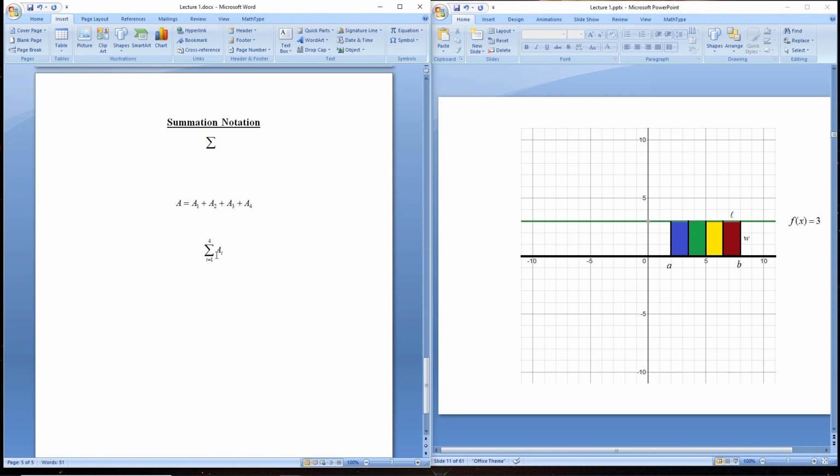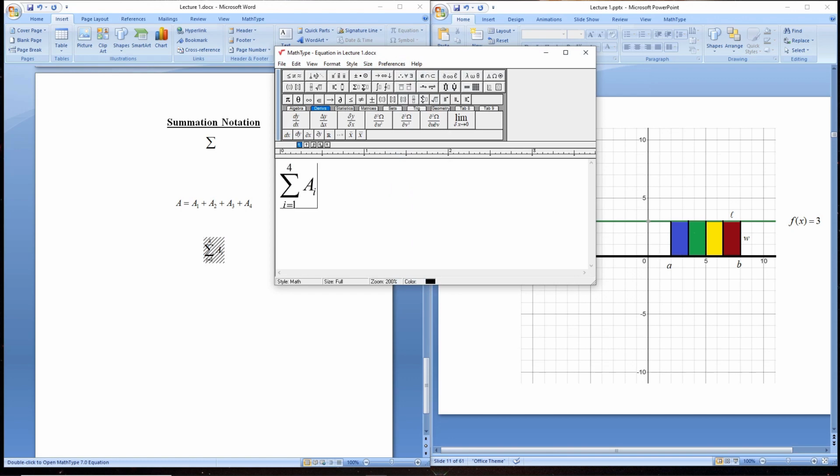And this A sub i represents writing all this stuff out. A sub 1, and writing all this stuff out. And again, if we had a billion terms right here, this would take me forever to write out.